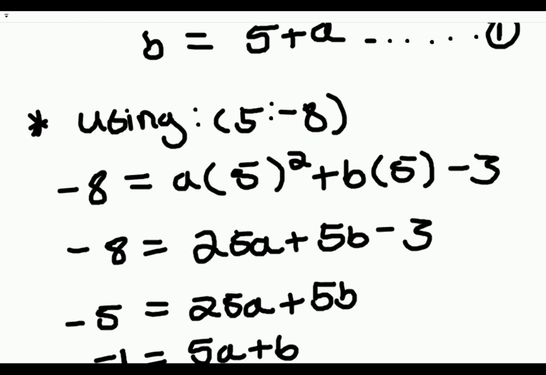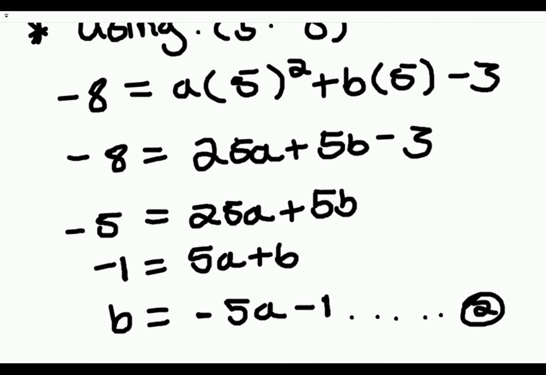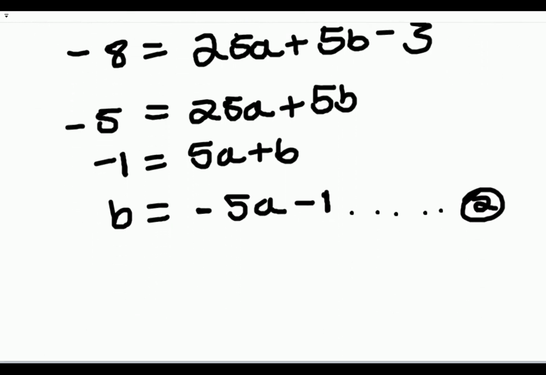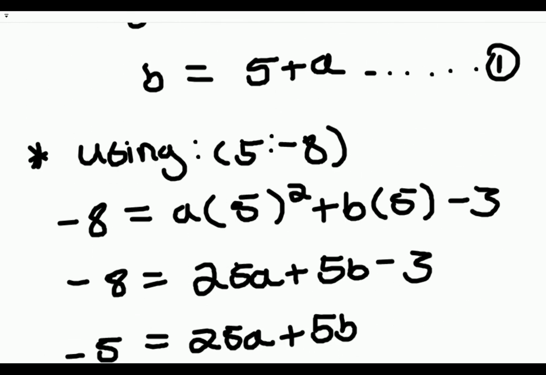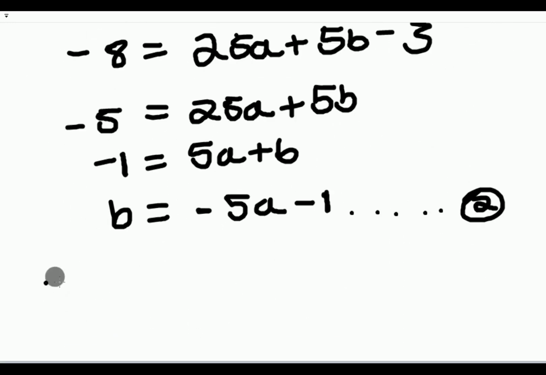So right now we have equation 1 and equation 2, and they're both equal to b because we want it to be simple to solve. So from here we are going to equate equation 1 to equation 2.